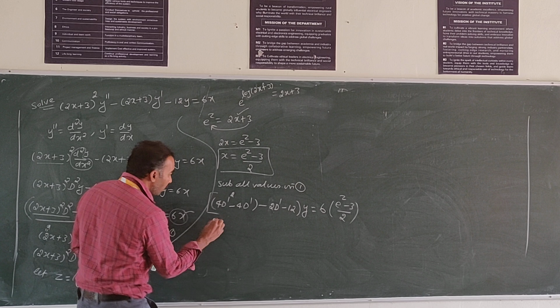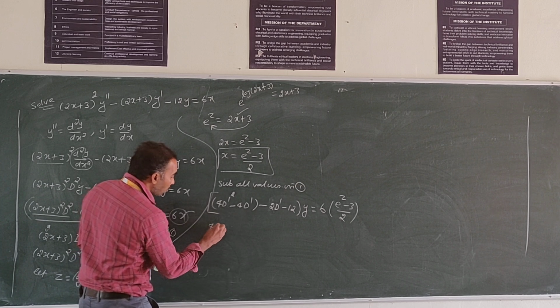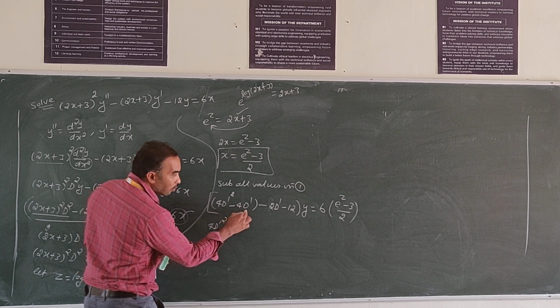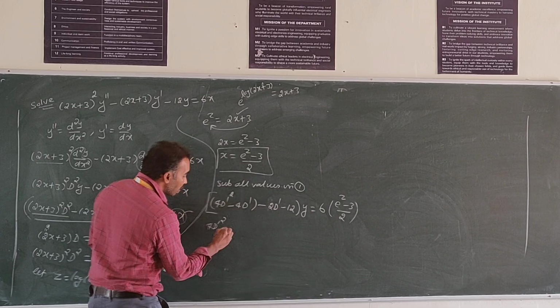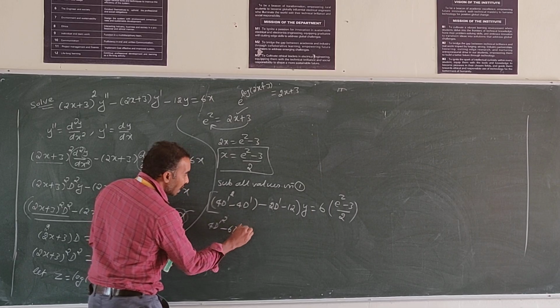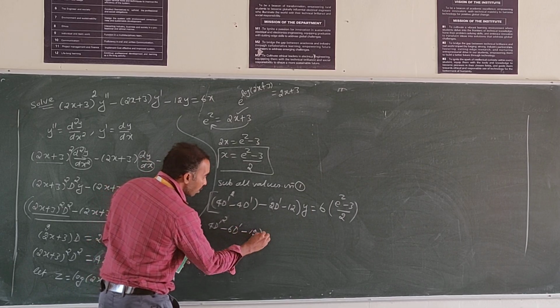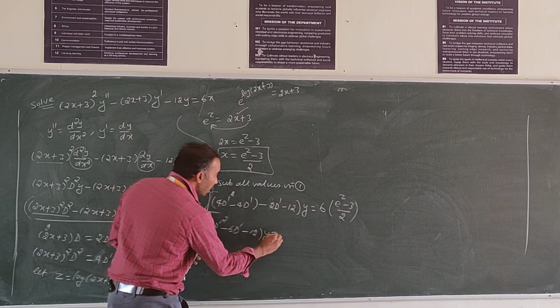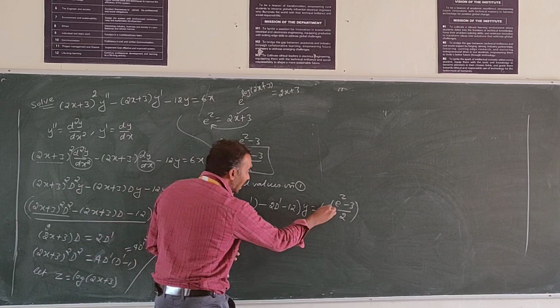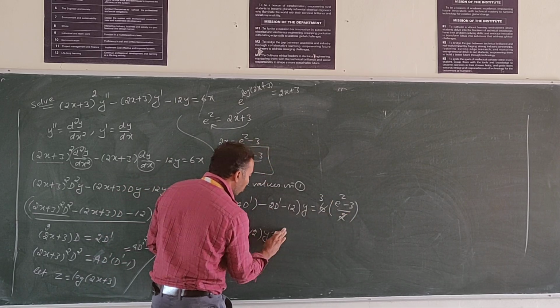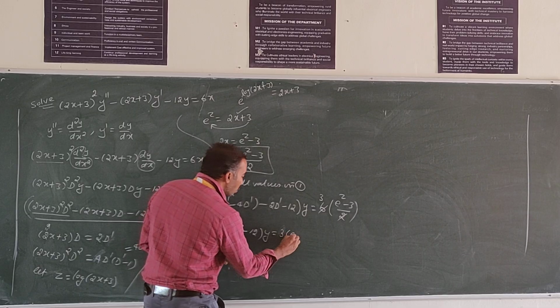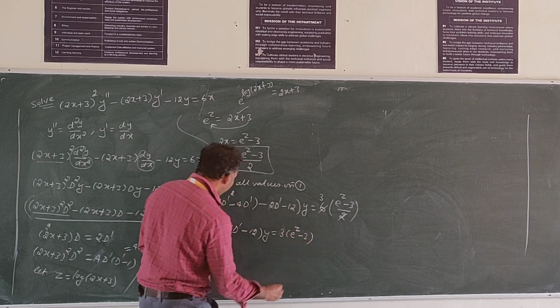Next we will simplify. 4 d dash square minus 4 d dash minus 2 d dash minus 6 d dash minus 12 into y equal to 6 into, we can cancel 3. So 3 into e power z minus 3. Okay.